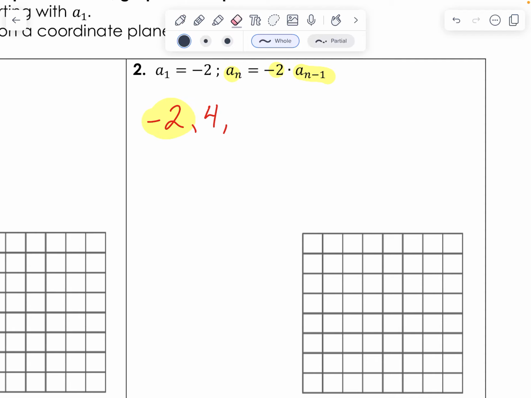To get the next term, I multiply this term by -2 to get -8. And to get the next term, again, multiply by -2 to get +16. I can only get the next term if I know the term that came before it, and I can't start any of this process without knowing some starting point, some first term.